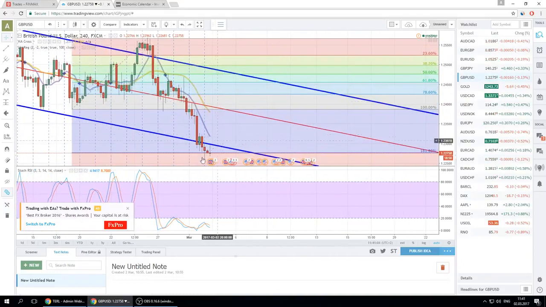Pretty interesting, but we need to wait for the green candle to appear.